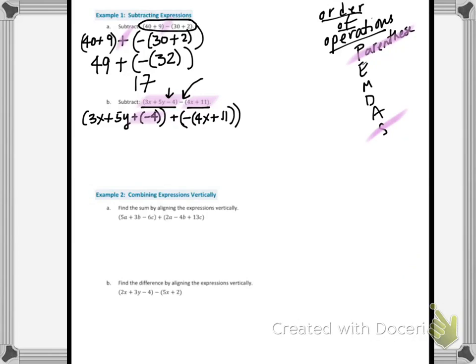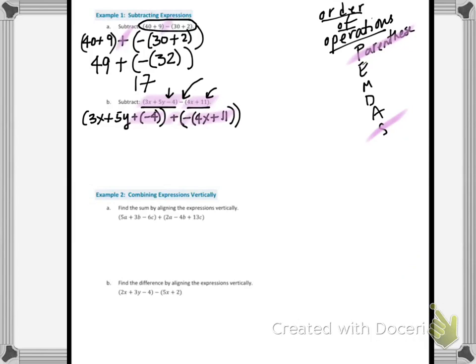On the other side, we have added this plus sign here, because we want to continue, we want to just add everything across, but we have done the opposite of the 4x plus 11. So we've taken what's inside of that parentheses there, the 4x plus 11, and we've just done the opposite of it, okay?